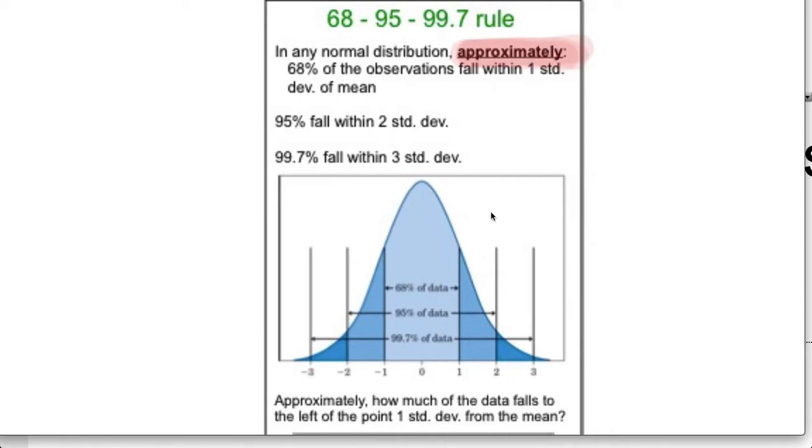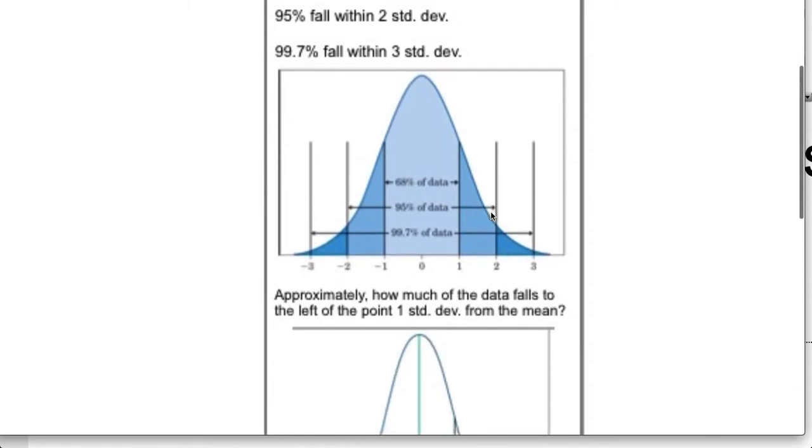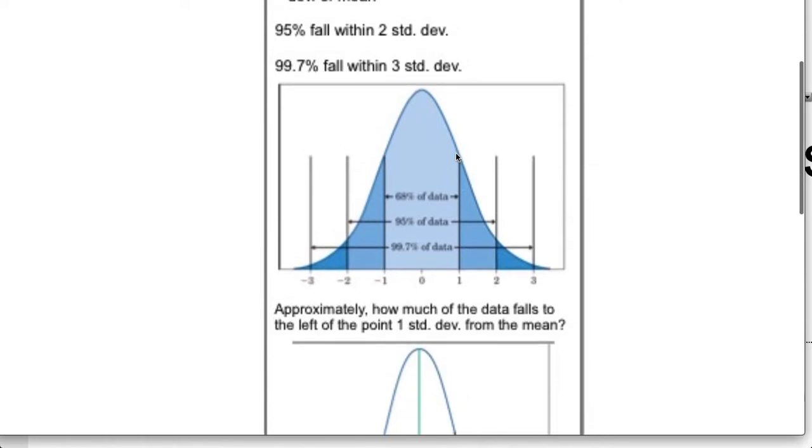If you look at your normal curve here, this is visualized. 68% of your data. Let's just use an easy number. If we had 1,000 people take a test, 680 people would fall within one standard deviation of the mean, whether that's above or below.